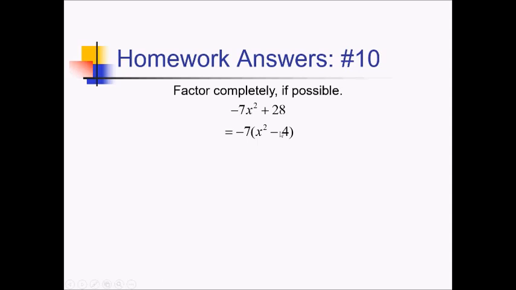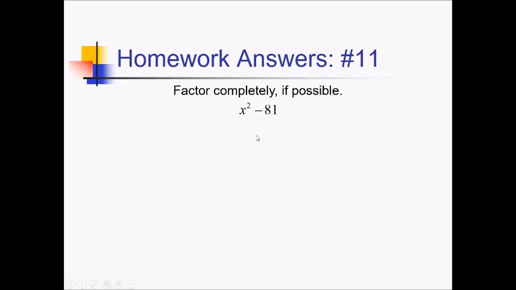So that means the answer for this factorization will have an a plus b, a minus b look to it. So a, that's just going to be the square root of x squared, so that's just x. And don't forget to bring down that negative 7. So we've got x, and then we have the b value, the square root of 4. That's going to be 2. So this is going to be negative 7 times x plus 2, x minus 2.